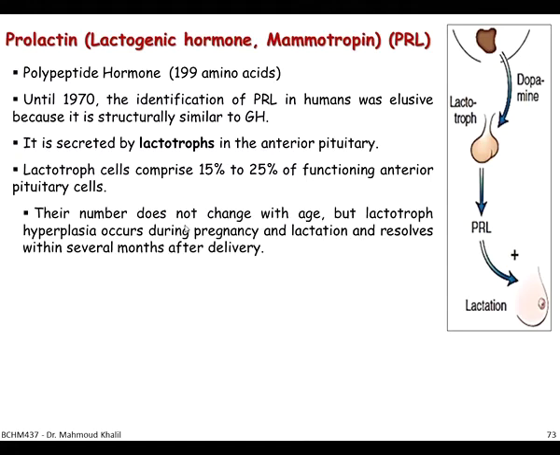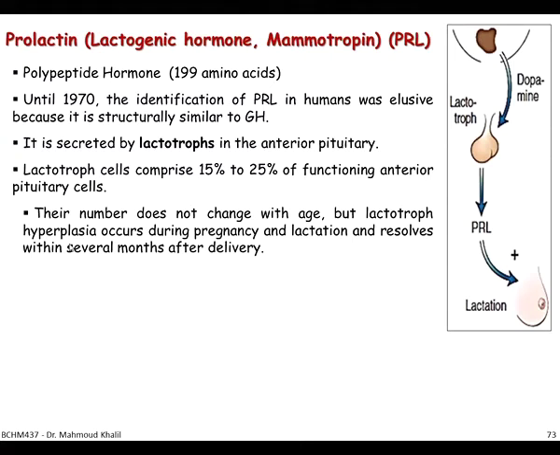Their number doesn't change with age. I mean the lactotrophs. But lactotroph hyperplasia, meaning an increase in number, occurs during pregnancy. Of course, it's obvious because it induces lactation. This hyperplasia resolves several months after delivery.